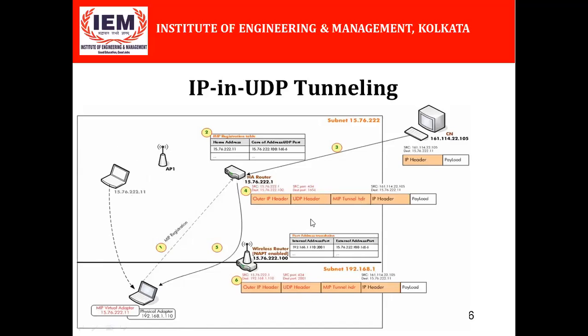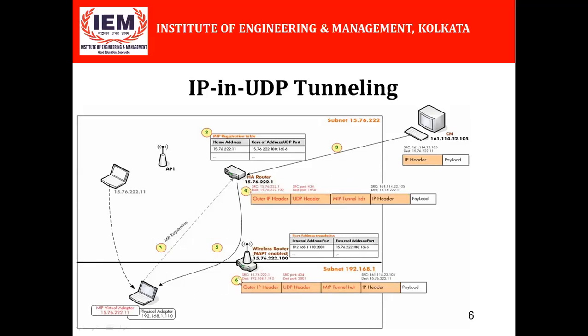Then the UDP header, very sorry, the UDP header. The source port is 434, and the destination port address is 1656. Who is the 1656 port address holder? That is this device. Next, the MIP tunnel header is also added, because tunneling takes place this way.